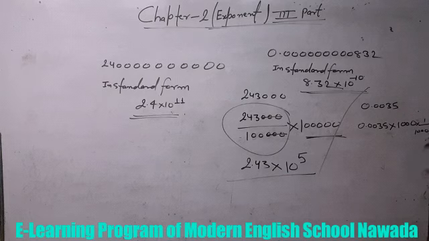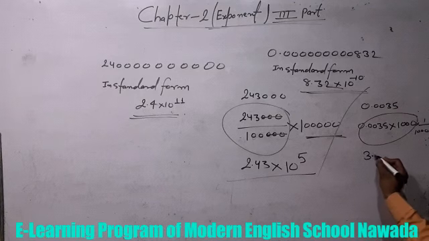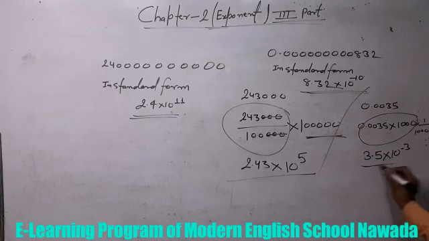If you multiply this number by 1000, the point moves, and you get 3.5. And for this you can write the power 10 to the power minus 3, because it is in the denominator, 10 to the power minus 3.